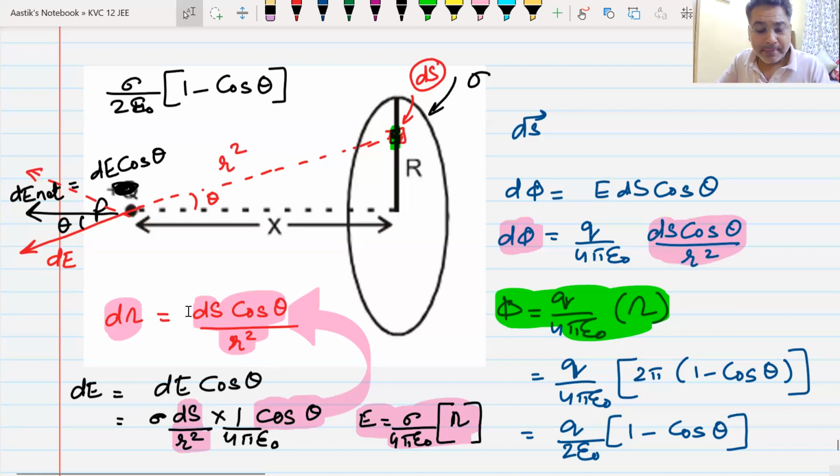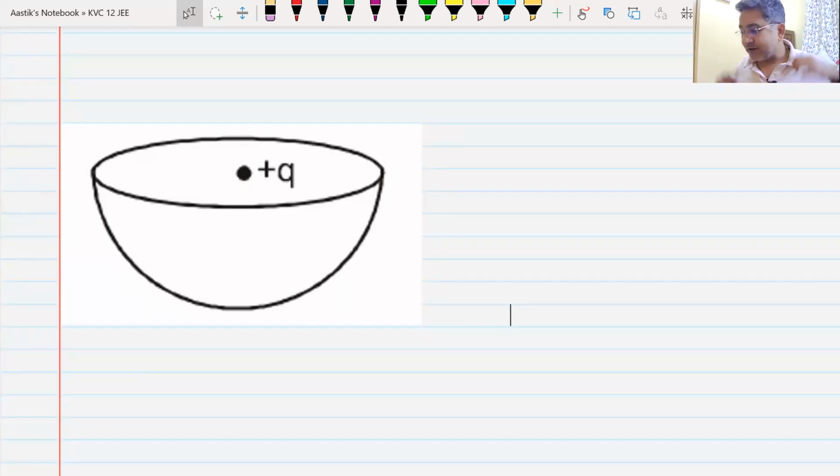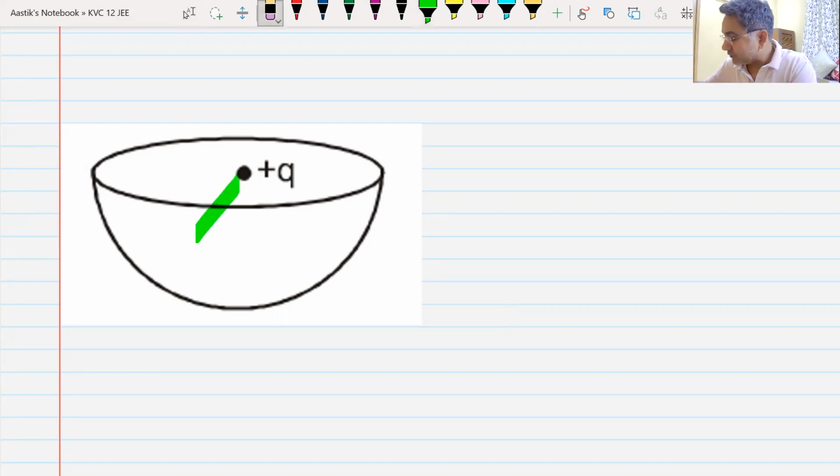This one. We have already solved this question when the point charge was on the circular part of the disk, right? The circular part of this sphere, hemisphere, should I say. So here we have a hemisphere whose radius is r.